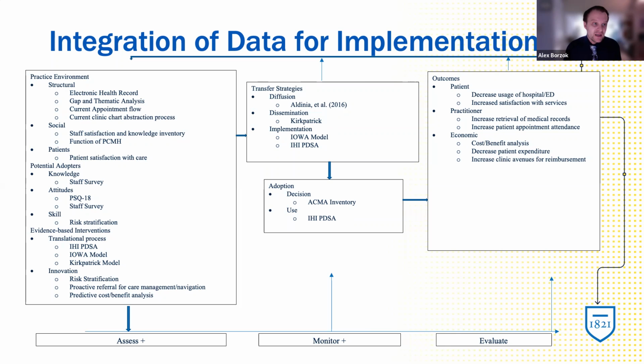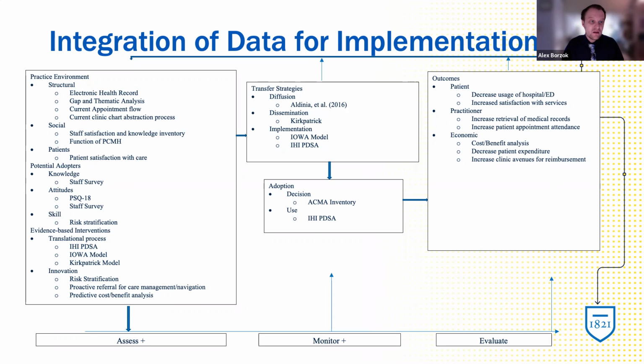So within the practice environment, we'll look at the assessment. What kind of components do we need to consider as part of the developing, and what things we need to include in the structural and the overall process of the project. So the structural components, we need to look at the health record, the gap and thematic analysis.